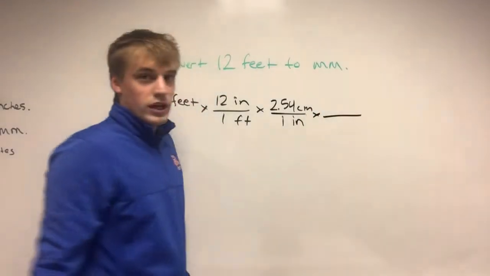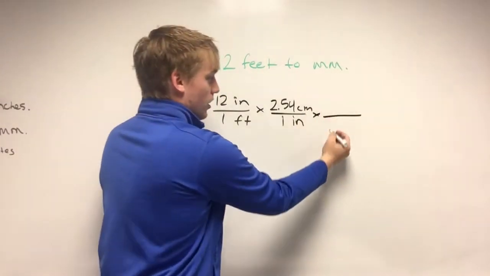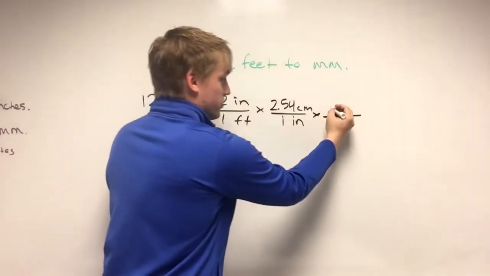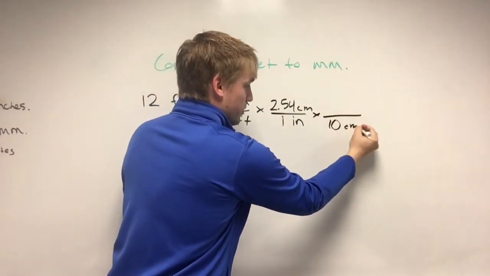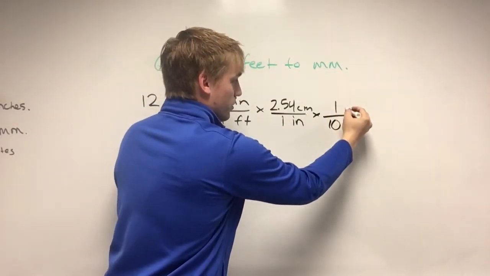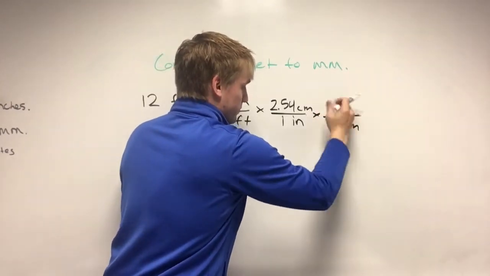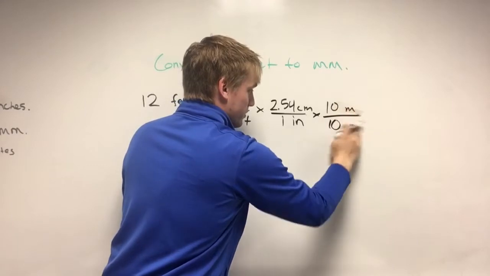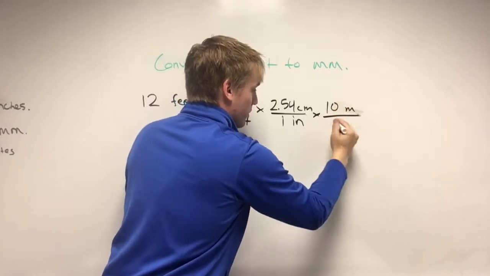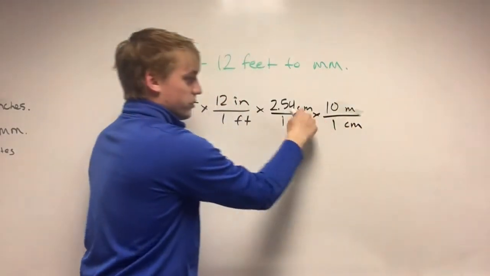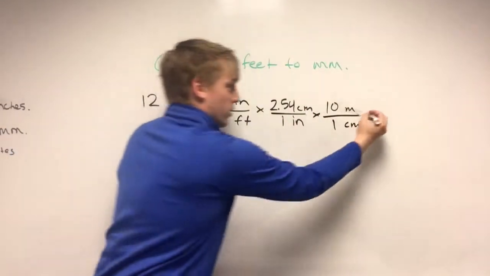Times, another line. It tells us on our sheet that there are 10 millimeters in 1 centimeter. Sorry, I had that backwards. Centimeters are able to cross cancel, okay?